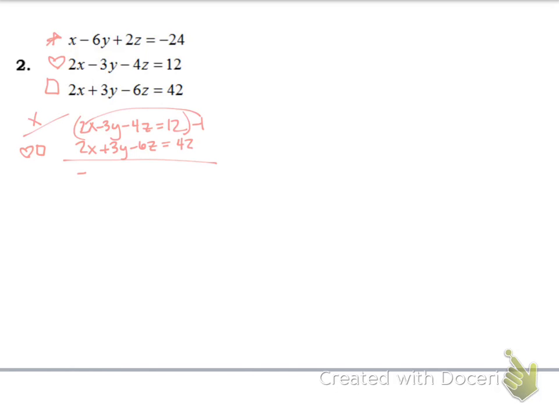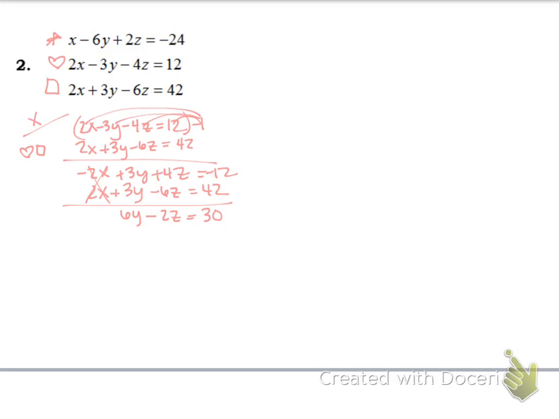So I get negative 2x plus 3y plus 4z equals negative 12. Drop my untouched underneath it. Add going down, my x's cancel, I get 6y minus 2z is equal to 30.